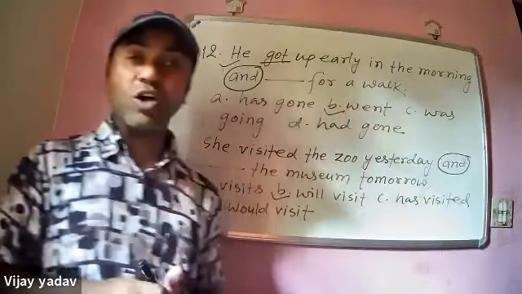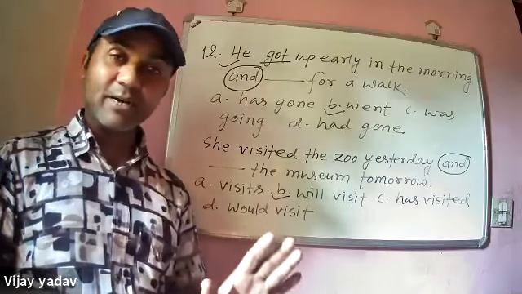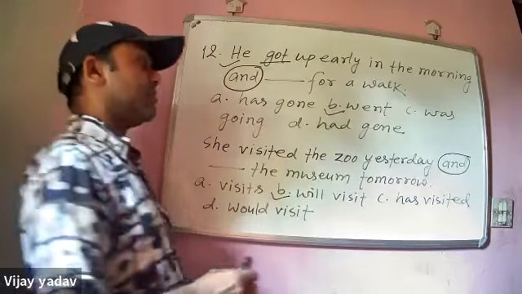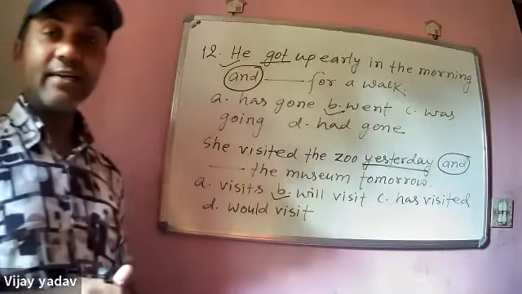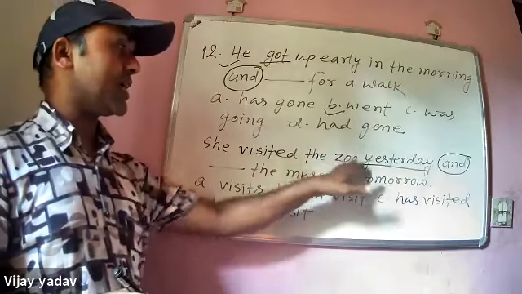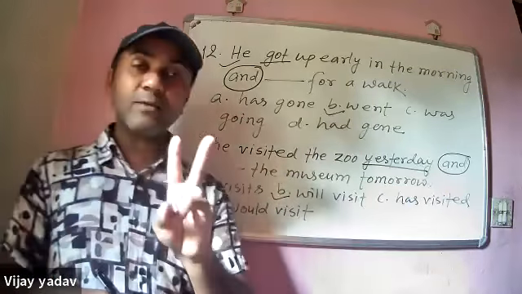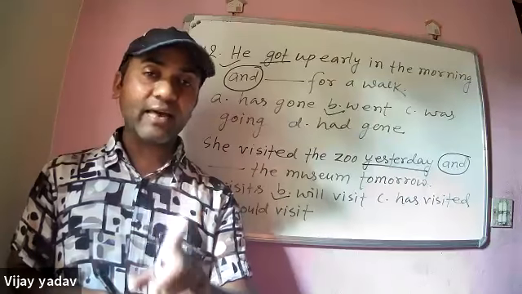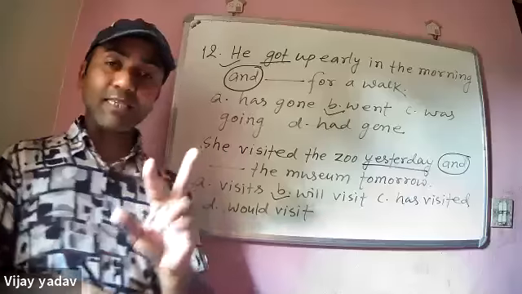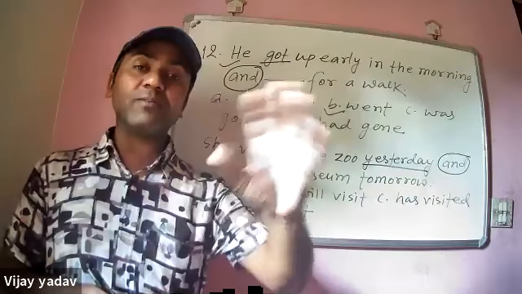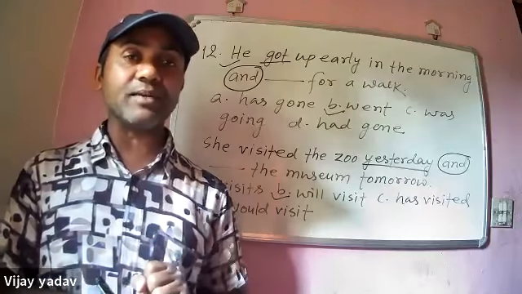Here also two clauses are joined by and they have the same subject. But in the first clause, a time adverbial is given. Isn't it? Then we use the tense according to the time. If time adverbials are given there, then we use the tense according to the time adverbials.